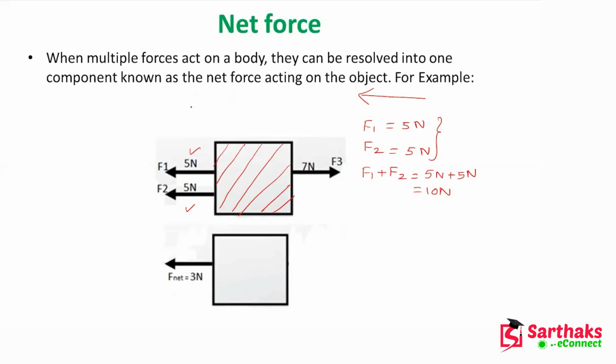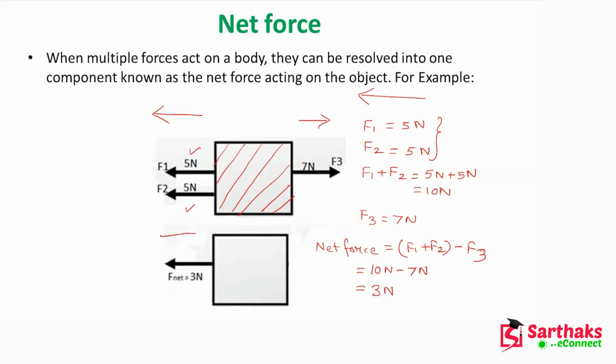So 10 Newton force you are applying in this direction, and 7 Newton force you are applying in this direction, as F3 equals 7 Newton. Now net force equals F1 plus F2 minus F3. That means 10 Newton minus 7 Newton, that is 3 Newton, and this 3 Newton will be in this direction. This is the net force.